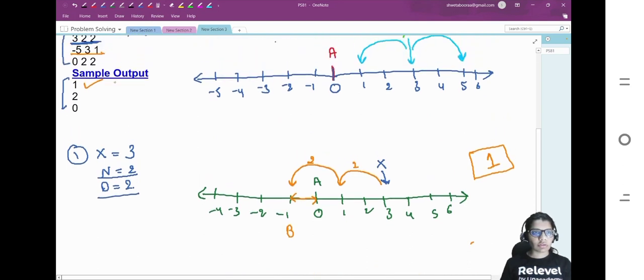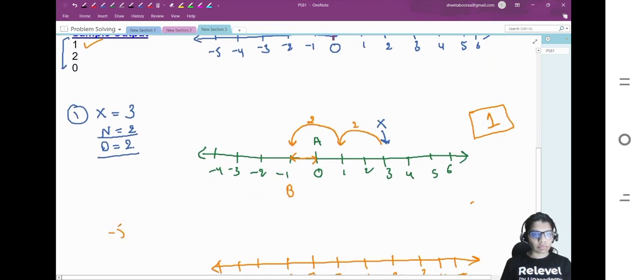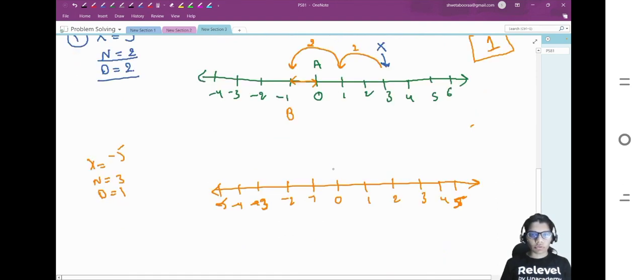As we have seen, your X is minus 5, jumps are 3, distance is 1. So Alice is at 0 and your Bob is at minus 5. So X is here at minus 5. Now you have to take 3 jumps and every jump would be of distance 1.